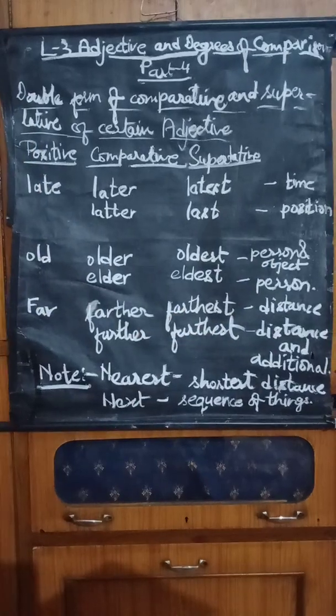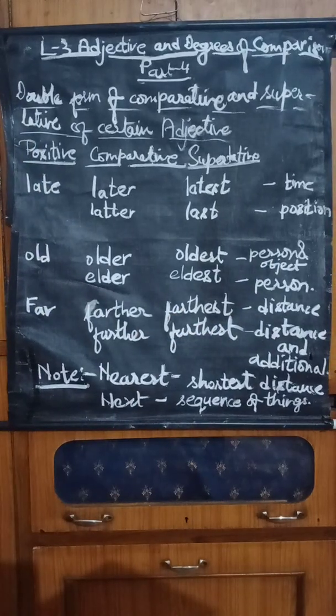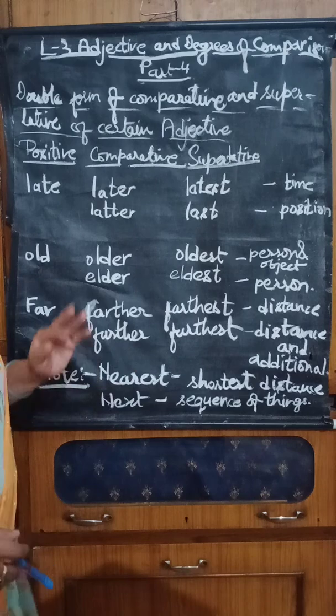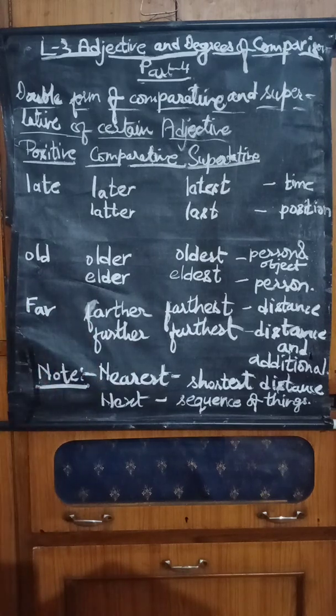Let's see the examples. You will be getting the examples in your book. Better to consult and then clear your doubts. This building is older than the next one. My grandfather is the oldest member of the club, and Abhi is my elder brother, and Tanya is the eldest of all the sisters. So there is a difference.